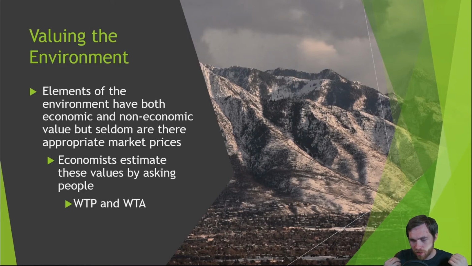For instance, the Wasatch Front is incredibly valuable for people in terms of recreation, habitat for animals, all these sorts of things. And it's difficult to figure out what dollar value that has because there's no market for that, right? There's not an analogous Wasatch Front somewhere else that's for sale on the market for someone to buy.